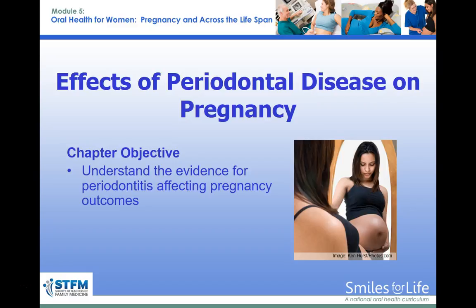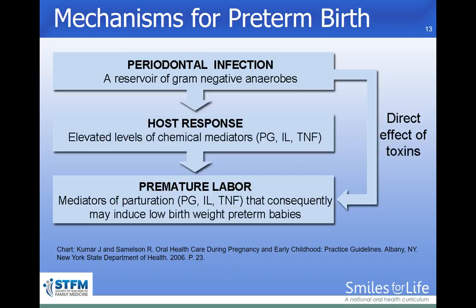Moving on to the effects of periodontal disease on pregnancy. In this chapter, we're going to be looking at understanding the evidence for periodontitis having an impact on pregnancy outcomes. Numerous studies have documented an association between maternal periodontal disease and preterm birth and low birth weight.